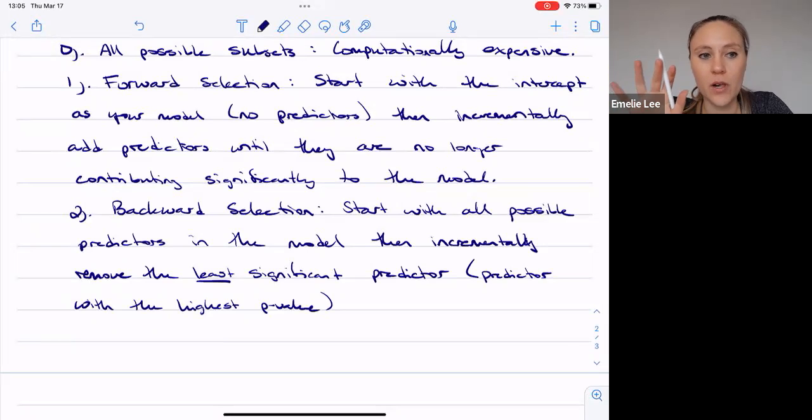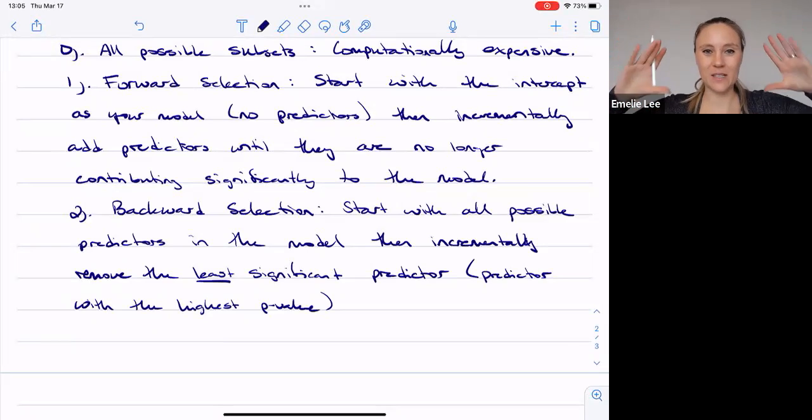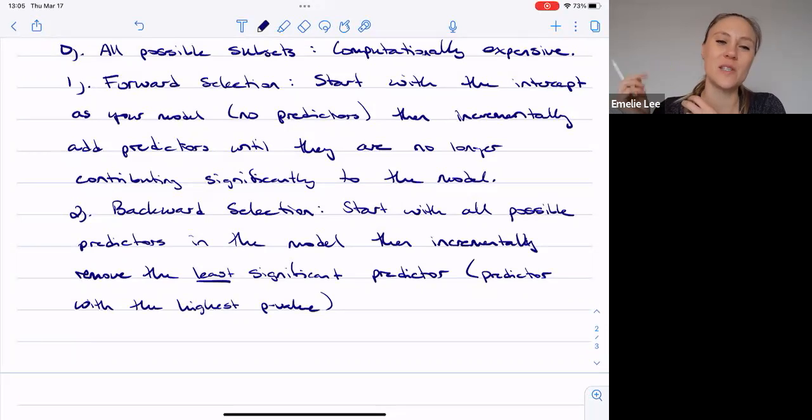So you start with all your possible predictors, and then you find the least significant one, pull it out of the model, and rerun the model. What you'll find is that every time you rerun the model, those p-values are going to change. So you can't just take away all the least significant ones and then rerun the model, because it's not going to give the same results.